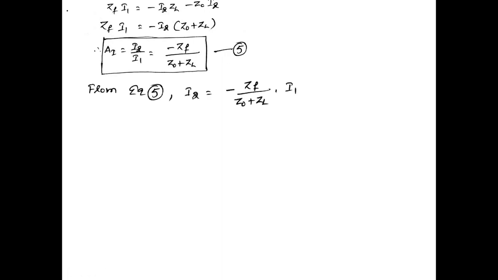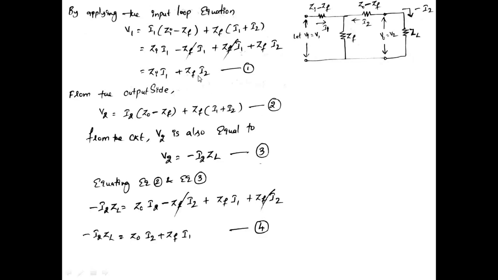Now we need to calculate Z11. Again from this equation we need to write I2, the reason being that Z11 is equal to V1 by I1. This V1 has Zi into I1 plus Zf into I2, meaning this I2 has to be written in terms of I1.